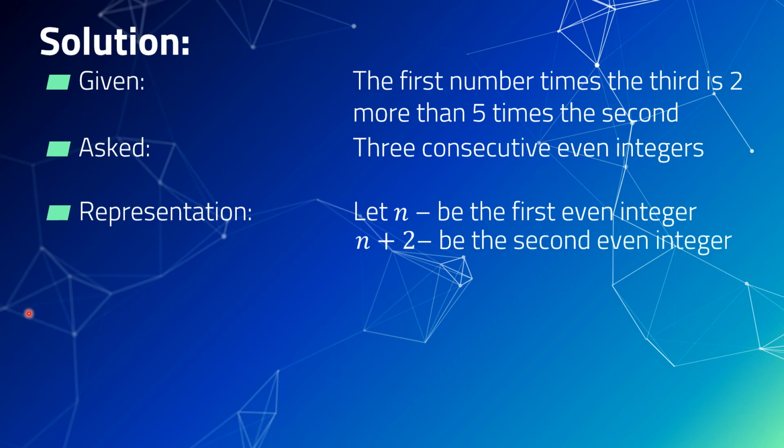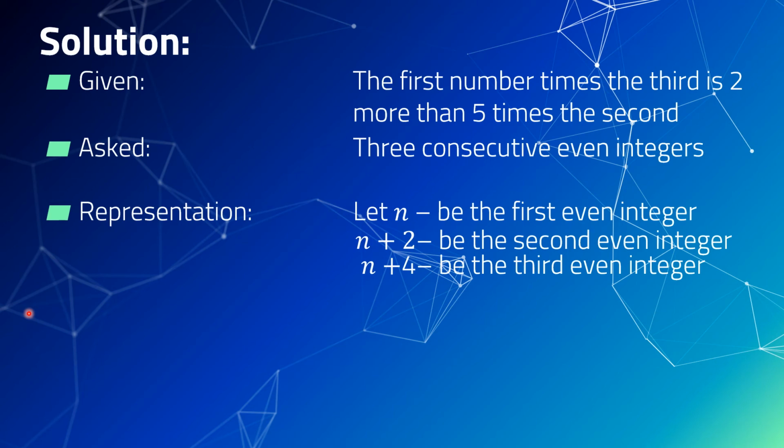That is why our second even integer is n plus 2. And the third one, if we have 2, 4, 6, those are the three even integers. 6 is actually the third even. So how many numbers did we add to 2 to make it 6? That is actually 4. Therefore, our third even integer is n plus 4.